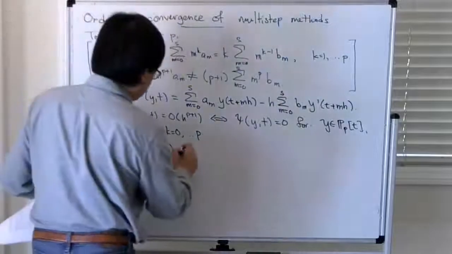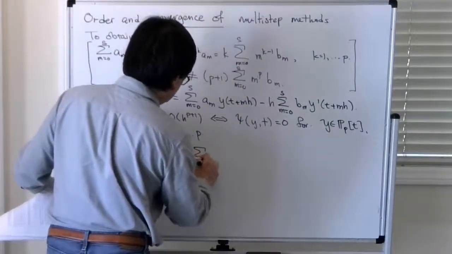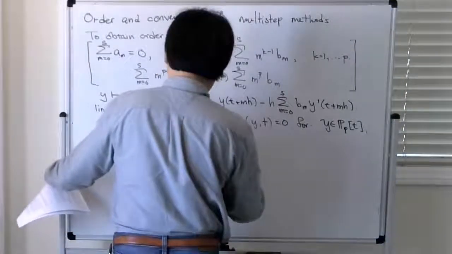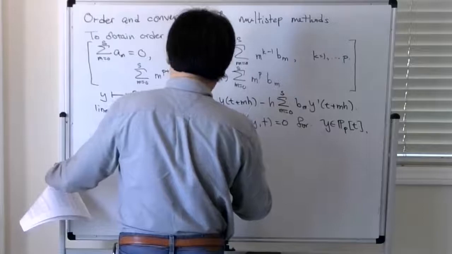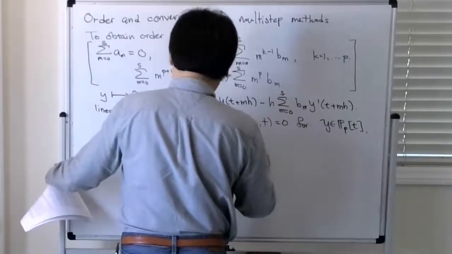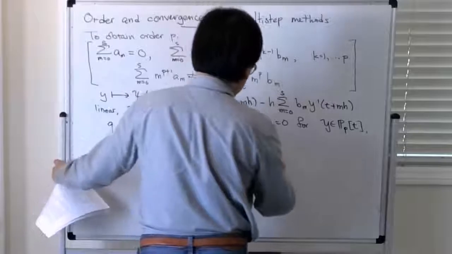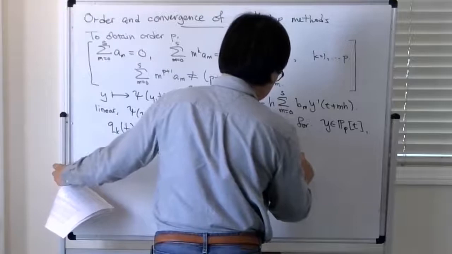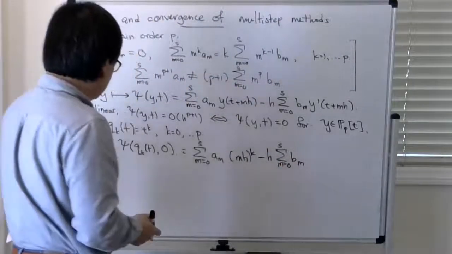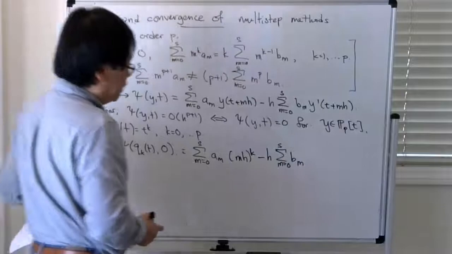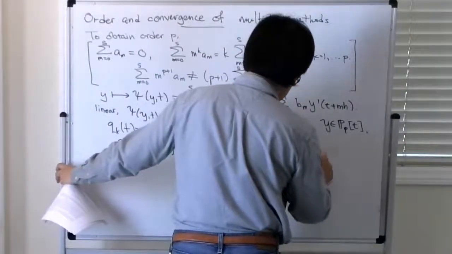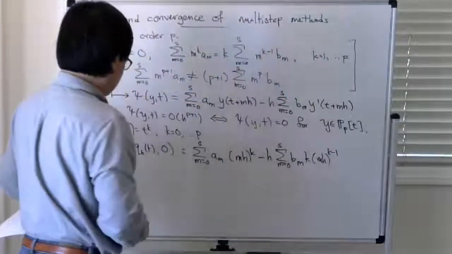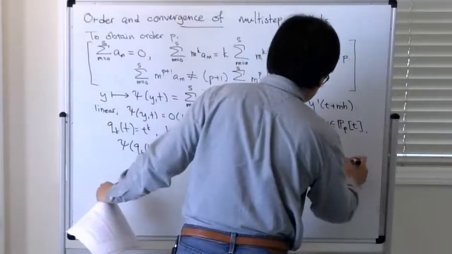So this looks like the sum from m equals 0 to s of a_m times mh to the k power, minus h times the sum from m equals 0 to s of b_m, and then y prime is of course just k t to the k minus 1, so I have k times mh to the k minus 1. And I want this to be equal to 0.